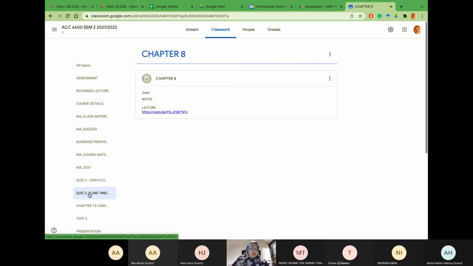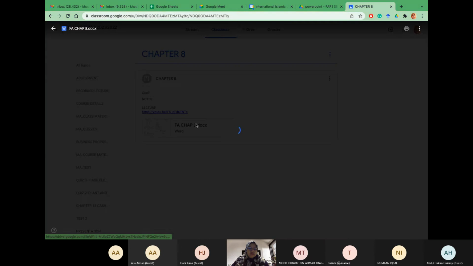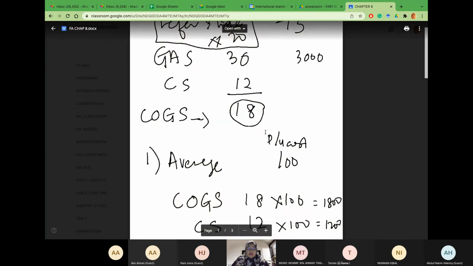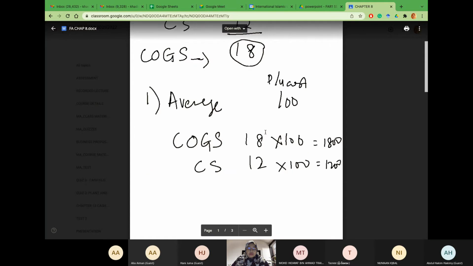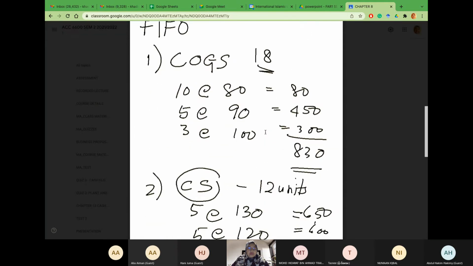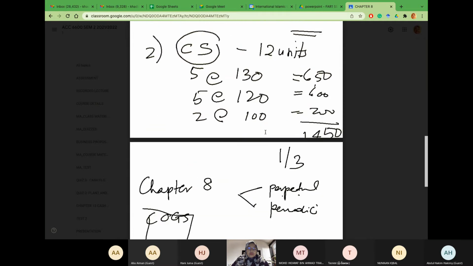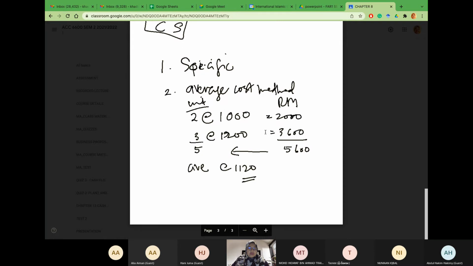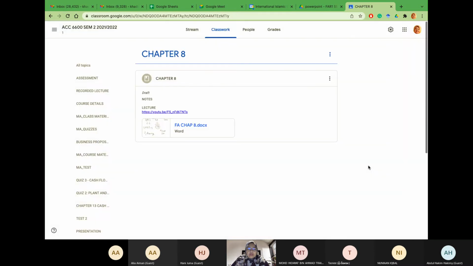Under chapter 8, what I have here is how to compute COGS under FIFO, closing stock, 12 units, specific average method. Not much, right?